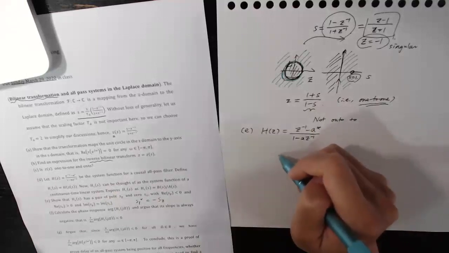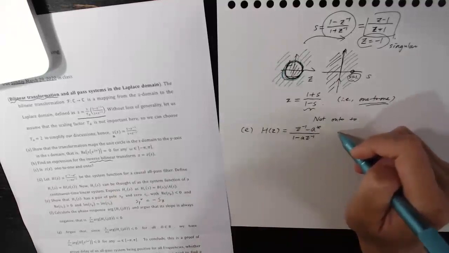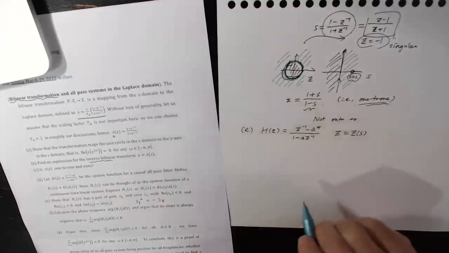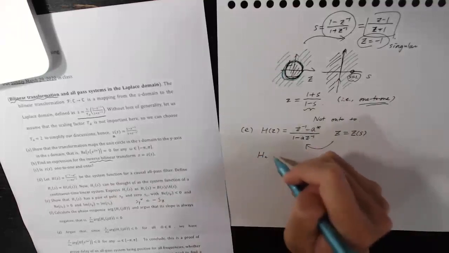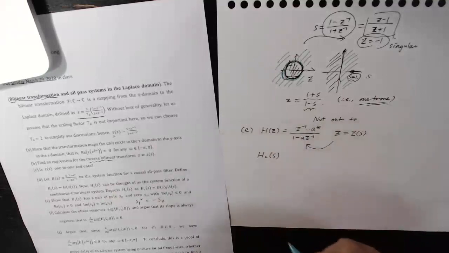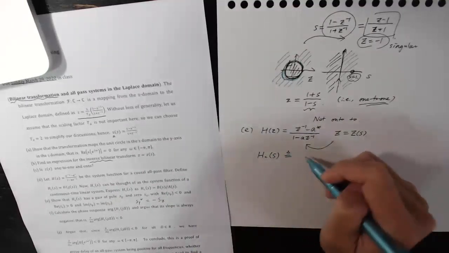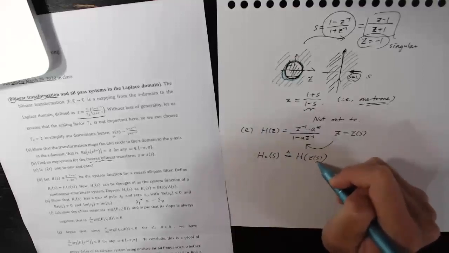So now we know that in this system, I'm going to plug in Z as a function of S. That's an inverse bilinear transform. Then we can define a corresponding continuous-time system, which has a system function that is defined as H of Z of S. Then it becomes a function of S.